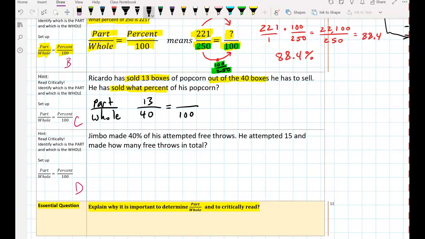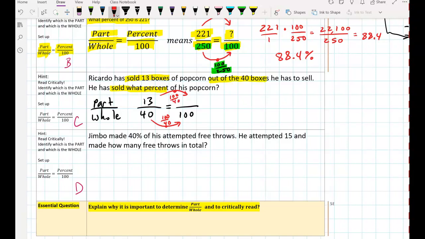So, how do we go from 40 to 100? Well, 100 divided by 40 is 100 over 40, so we can just multiply by that. And we multiply up here by that same amount, 100 over 40.